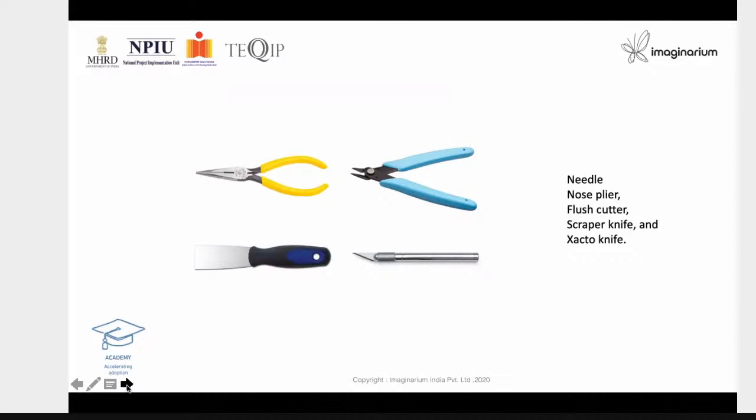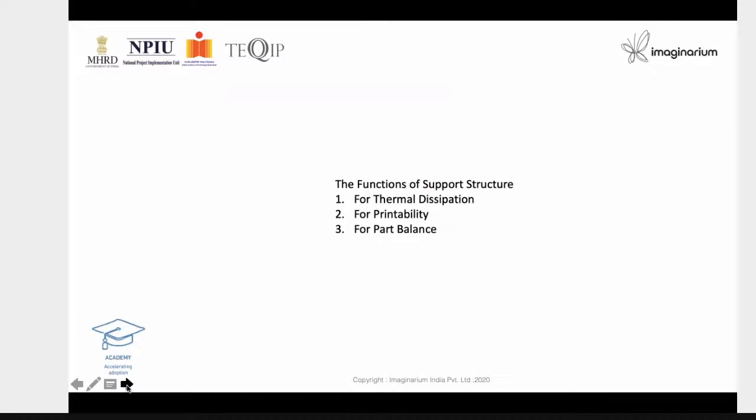And these are some of the tools required to remove the supports. The main functions of support are thermal dissipation, printability, and part balance. If a part is very heavy, I cannot build it on one scaffold. It will start having its own bending moments. So we need to support it on either side.